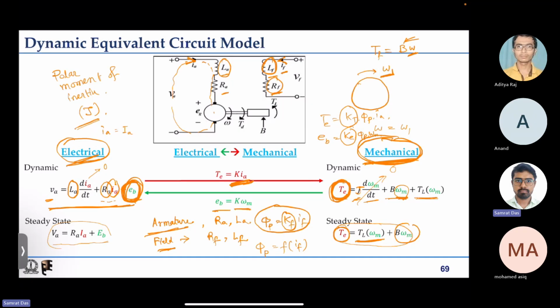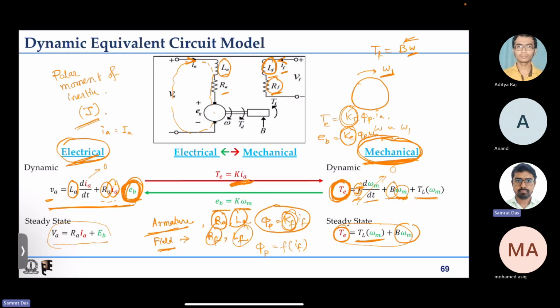One important exercise that you can do is pick up any DC machines or drives book, or any machine design book, and try to find out the typical values. Pick one machine of a particular rating, and try to see the values of these different parameters that you have listed: ra, la, rf, lf, kf, kt, ke, and also the mechanical parameters like j and b.